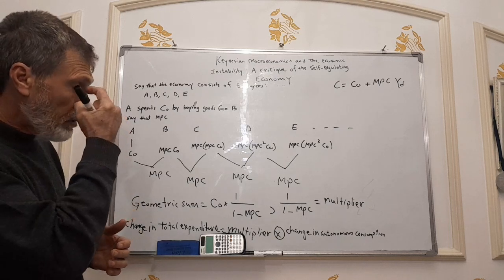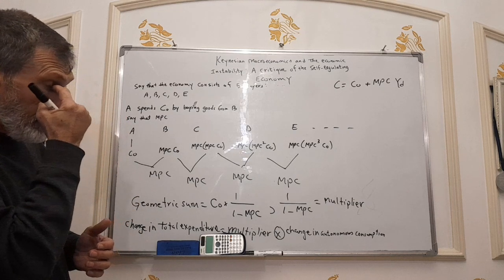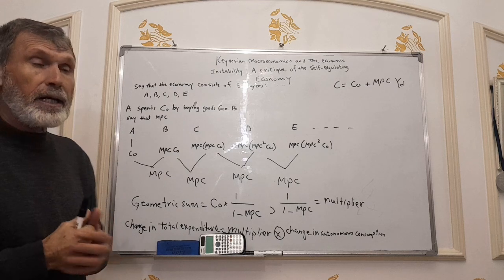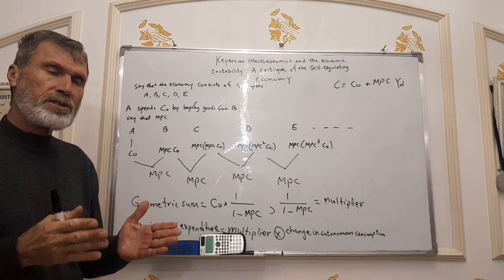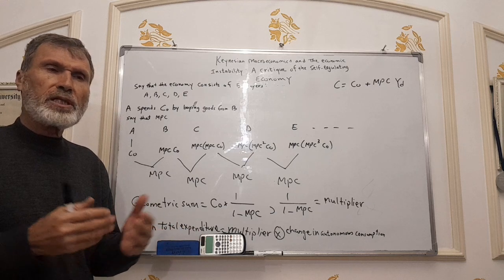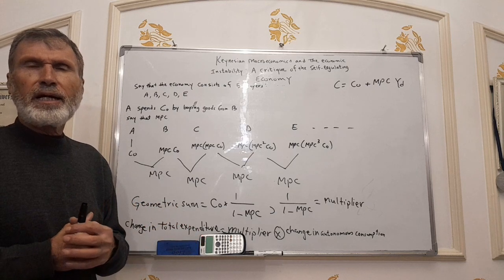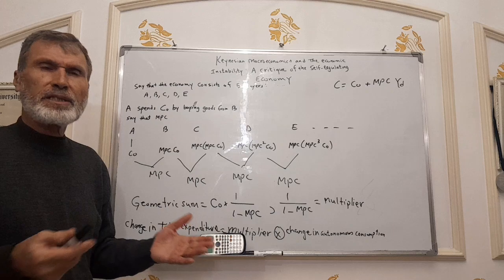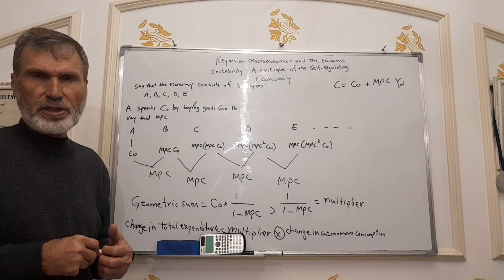Okay, so as you can see here, the formula of consumption that consists of autonomous consumption plus induced consumption works for other variables such as investment and government expenditure.